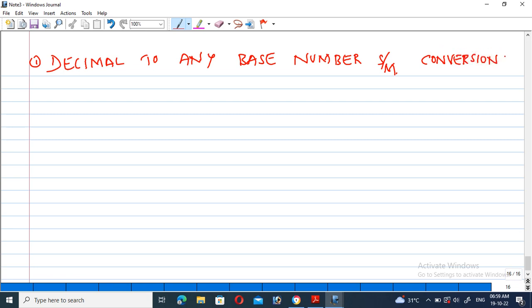If you want to convert from the decimal number system to any radix number system, you have to follow two processes.